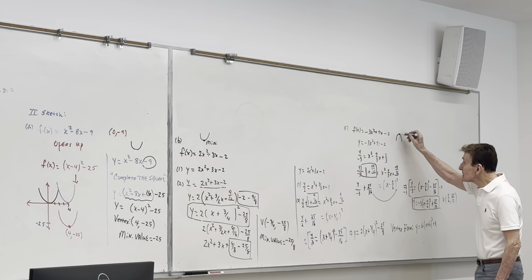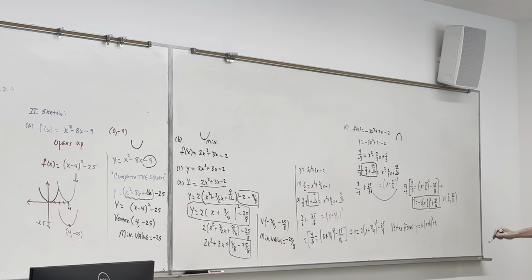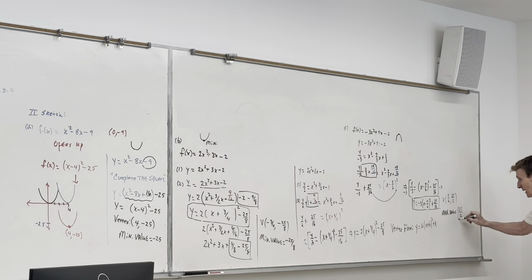So that vertex is also acting as a what? What else can I call it besides the vertex? Maximum. So the maximum value this function will take on, hoping we do not have a mistake, is what? 25/12. 2 and 1/12.